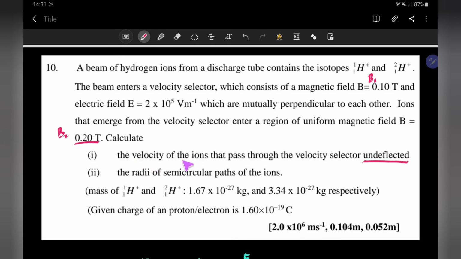So this is the velocity in the velocity selector. And then the radius of the semicircular path of the ion, which is in the second part, the evacuated chamber using B2. They give you the charge of the proton or electron, and ask you to calculate the velocity in the velocity selector and the semicircular path of the ions, hydrogen and deuterium.